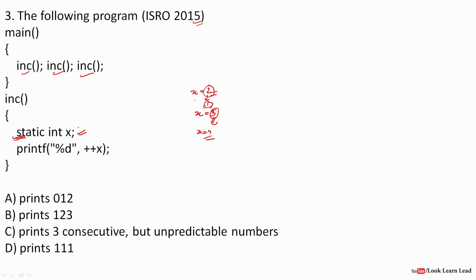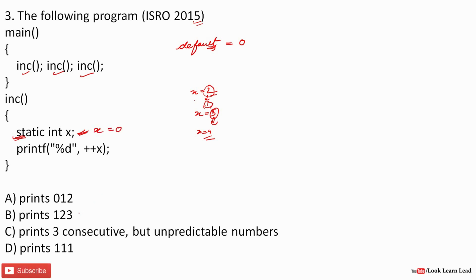So now let's see how it works. We are calling the increment function. The default value of any static variable is 0, it is initialized to 0. So if you haven't initialized it, here x is equal to 0.